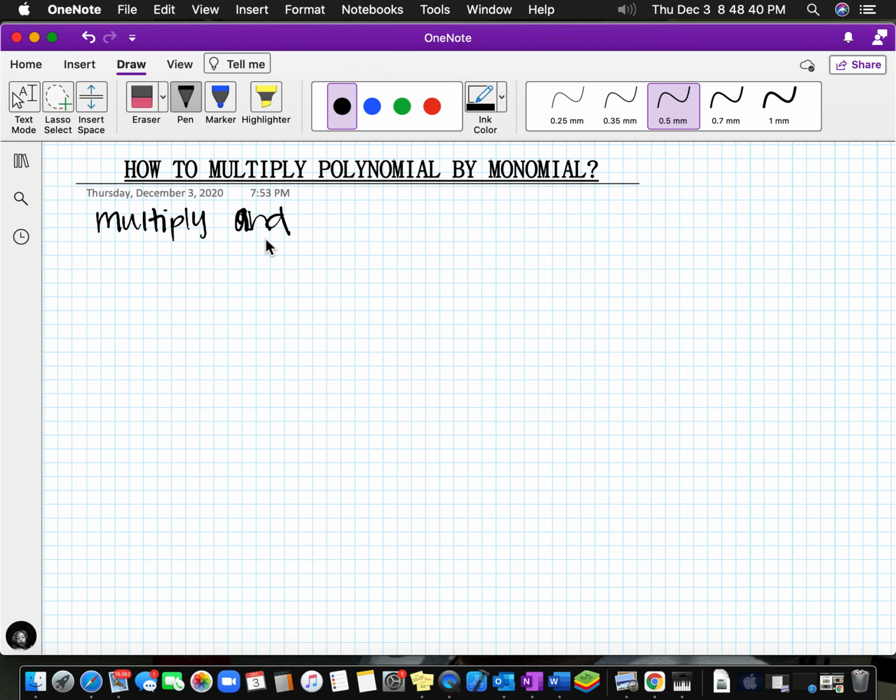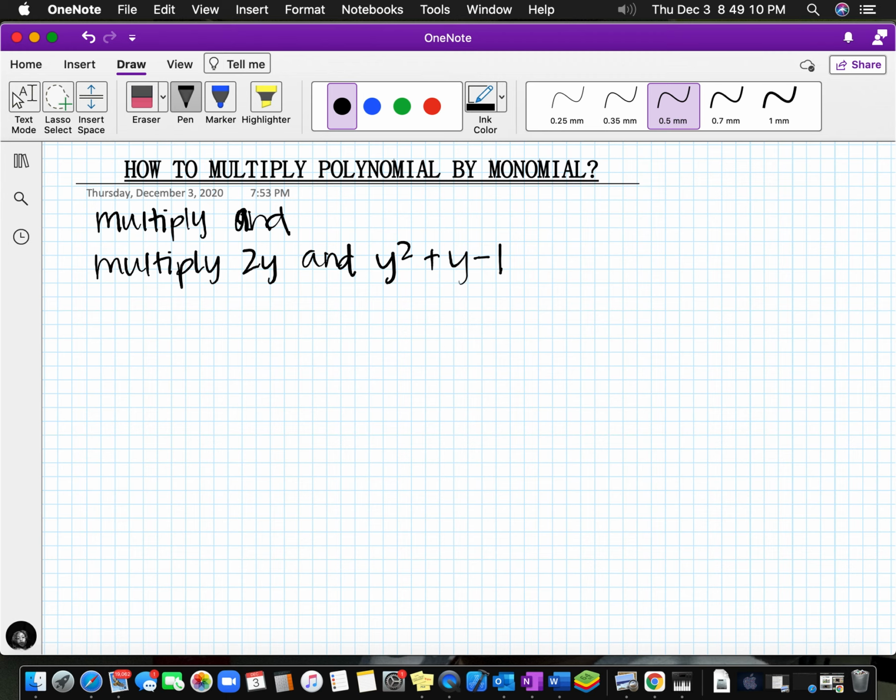The example says multiply, which is our first important word, 2y and, which is our second important word, y to the second power, or y squared, plus y minus 1. That's the example we're going to work on. The first step is to write it as a distributive property.